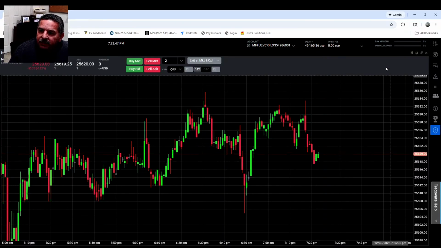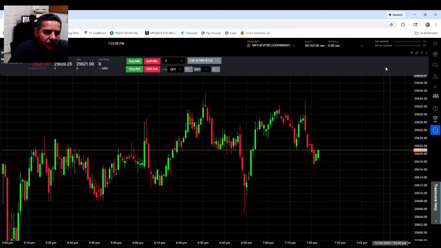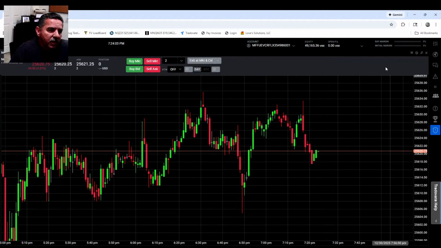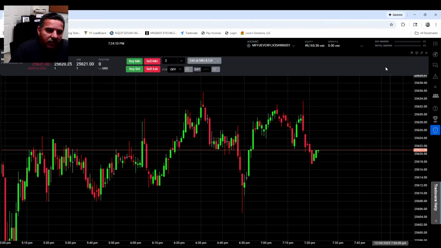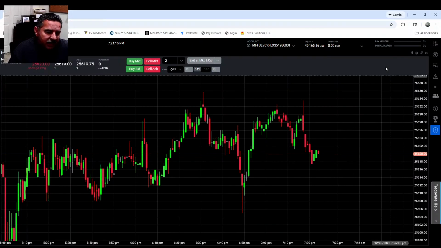So anyways, I was trying to hook this up with Trading View, and it was not taking. And I kept putting in trades because it was having a slight delay, and I couldn't put my stop loss and my take profit all at the same time. I don't know if you guys know about this, but on Trading View, if you put a buy or sell, it automatically puts the little icon for a stop loss and a take profit.